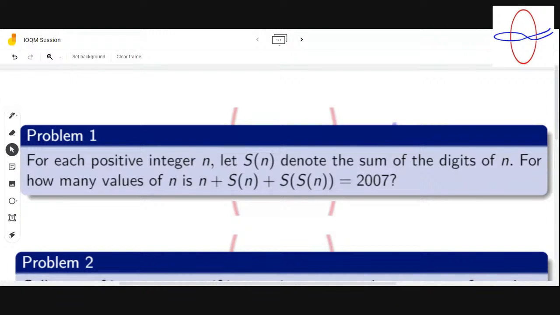Why is this true? Can someone tell me? Which is congruent to 0 mod 9? That's the question.